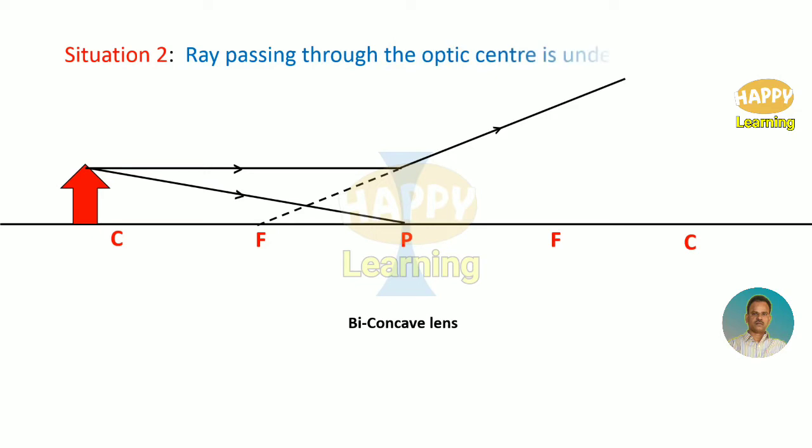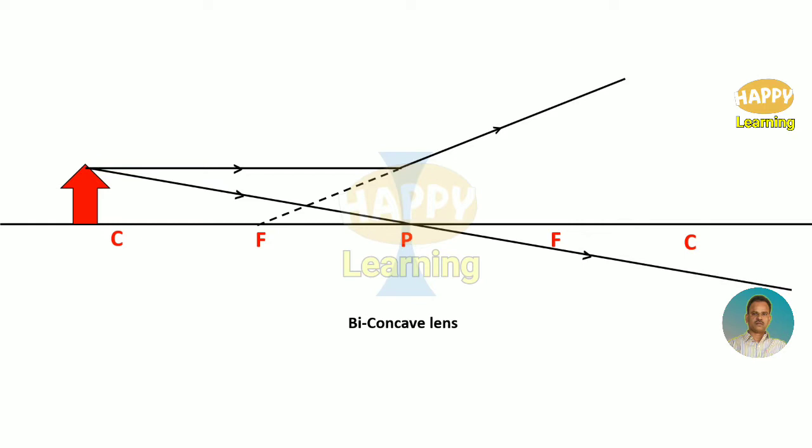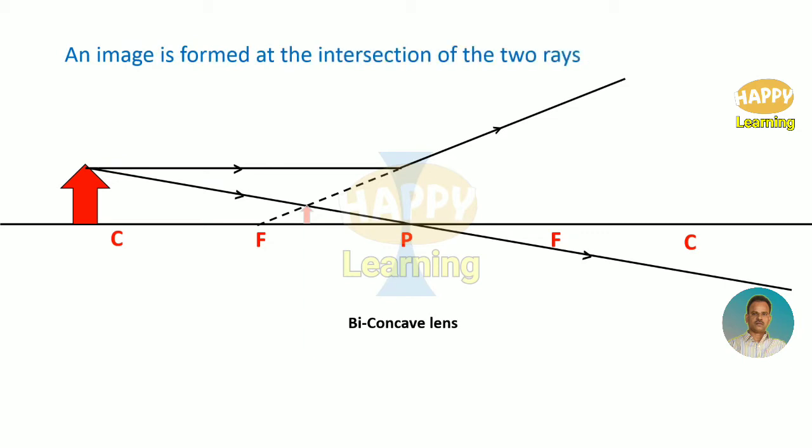Then use situation 2. Ray passing through the optic center is undeviated. So this ray passes along the same path without any deviation. At the point of intersection of these two rays, we get an image.